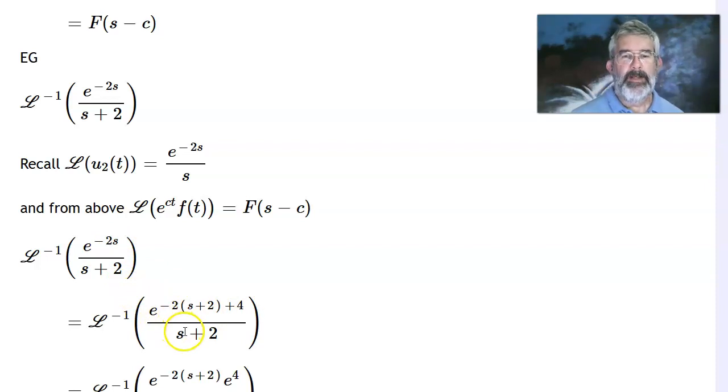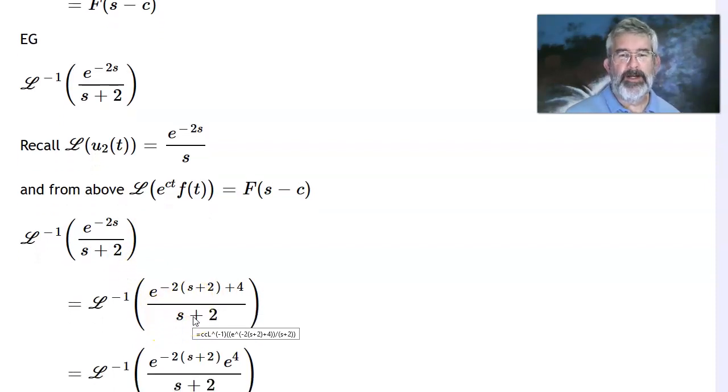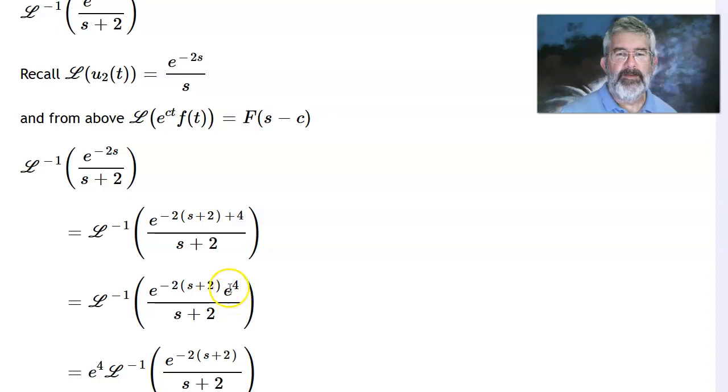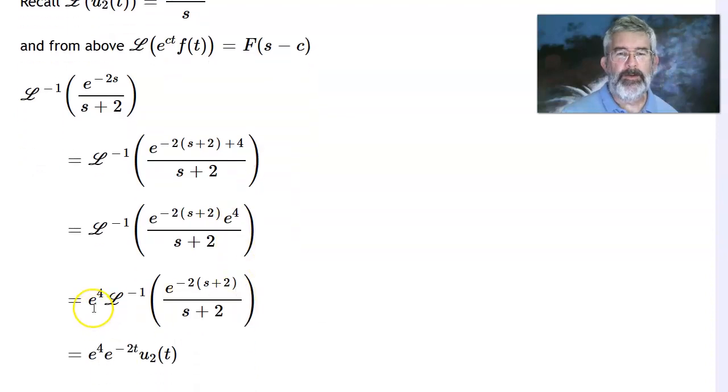Right? But now I can change that numerator into this, because I can do e to this part times e to the 4. But then that e to the 4 is a constant, so it gets pulled out in front. And now I'm just looking at the inverse Laplace transform of this thing.